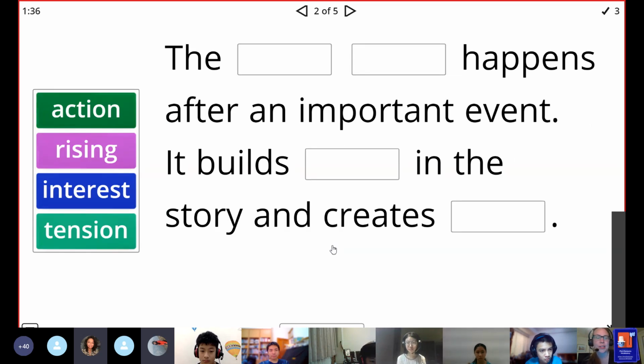Okay, so here's the next one. The blank happens after an important event. Dylan, what do you think this is? What fills in these two blanks?